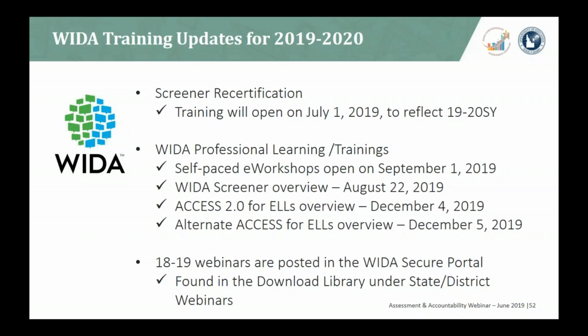Make a note that Idaho has already solidified many professional learning opportunities for the 2019-2020 school year. This year, Idaho has purchased six self-paced e-workshops, which can be accessed anytime between September 1st, 2019 and August 31st, 2020.